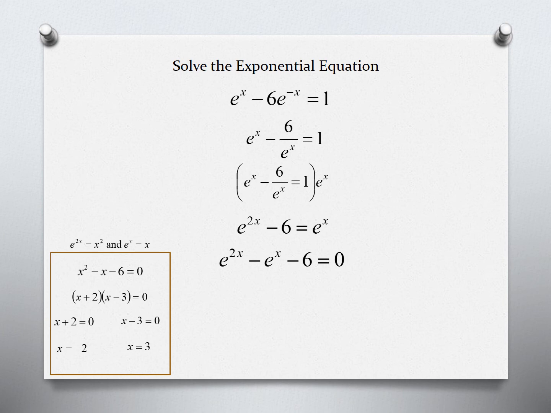Okay, so we can take this information and insert it back into our e to the x equation, because again, how does this e to the 2x minus e to the x minus 6 equals 0 behave? Well, exactly like x squared minus x minus 6. And so it will yield the same value. But we have to keep in mind that x equals negative 2 won't do for us, because we can never raise e to a negative power.